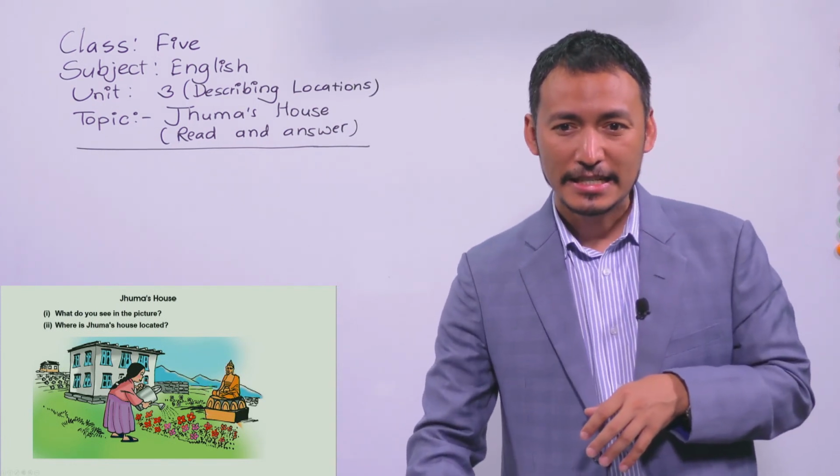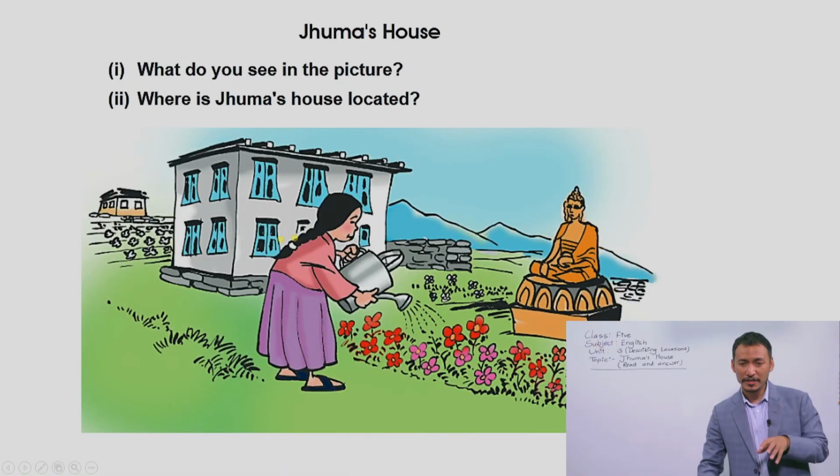So if you have to describe where this house is located, you can say it is between another house, someone's house, we don't know it, and a bust or a statue of Lord Buddha. You can say between the Lord Buddha's temple and another house. So where is Jhuma's house located? Jhuma's house is located between a statue of Lord Buddha and another house.